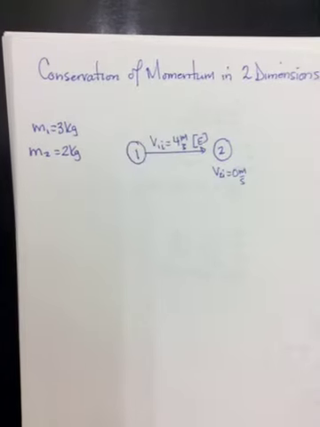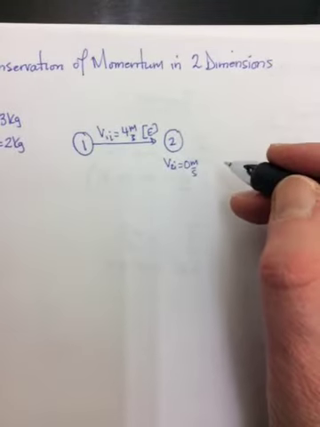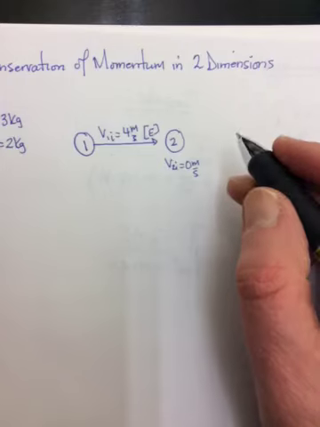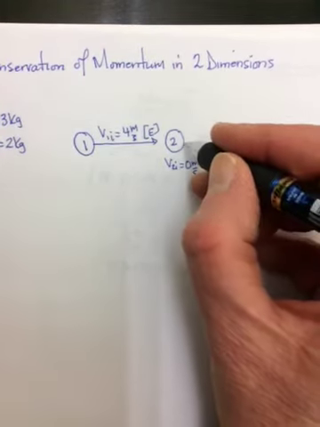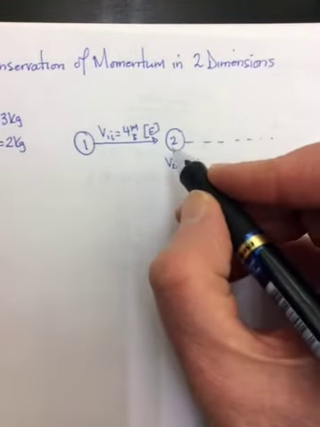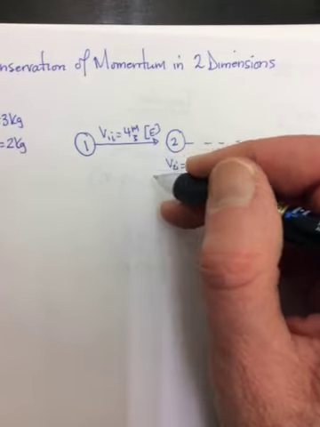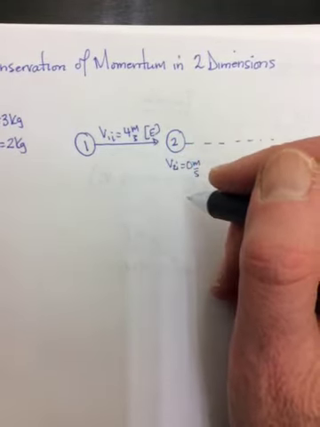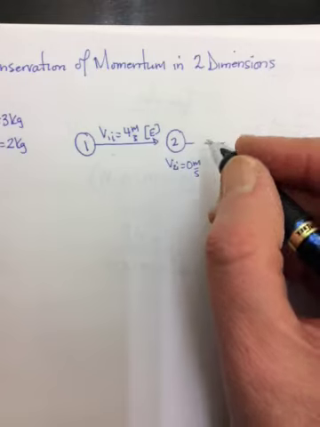Now, in a more real-life scenario, they're not going to go in straight lines. Instead, the first ball will probably go off at an angle. So draw our line here. So usually it says something like, after the collision, the first ball moves off with a velocity of 2 meters per second at an angle of 36.87 degrees clockwise from its original direction.